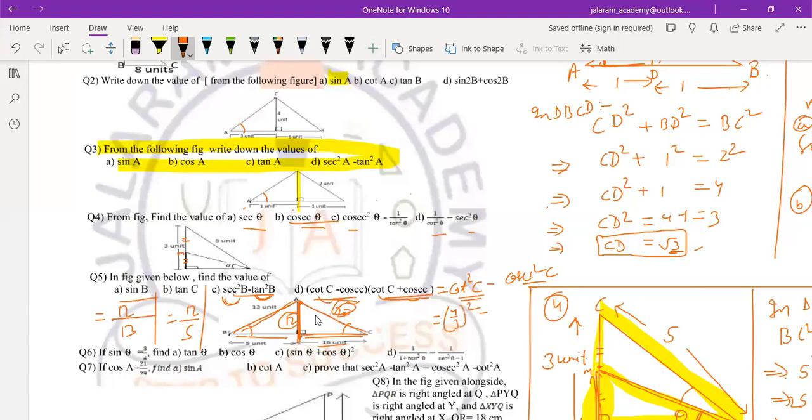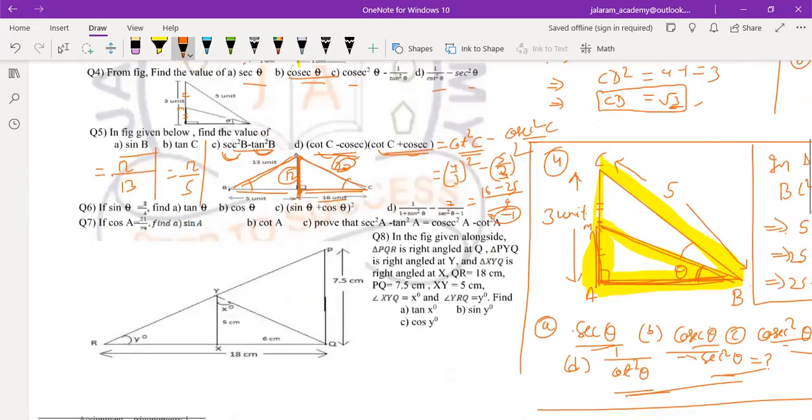So cosec C is 20 by 12, that is 5 by 3. So 16 by 9 minus 25 by 9, that is minus 9 by 9 equals minus 1. So in this way, if you follow the proper procedure to find the values, you can solve all the questions.